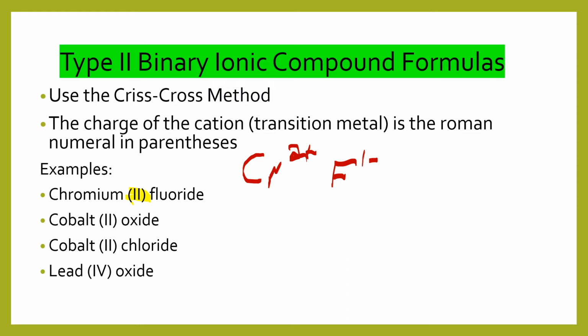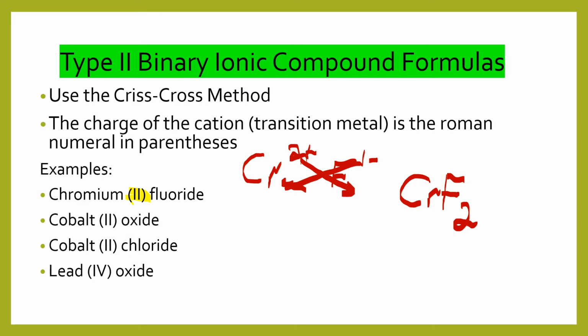After that, all you have to do is crisscross your charges. So the 1 comes down after chromium, but you know we don't write down a 1. And then after fluorine, that 2 comes down here. So that is our formula for chromium 2 fluoride. So we brought the 2 down here. Okay, the 1 would come down here, but we don't show a 1.